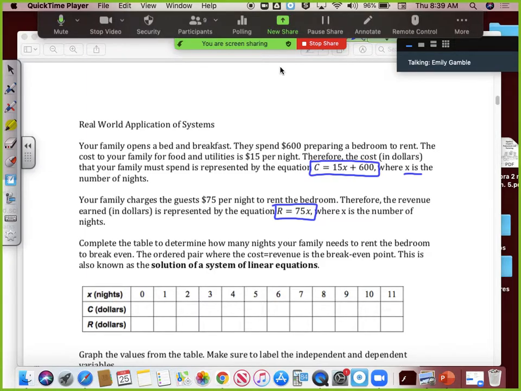So the break-even point would be when your cost exactly equals your revenue, but anything more than that, you're actually making money. In this problem, we want to see when they break even, when the cost for them to have the bed and breakfast is equal to the amount of money coming in.